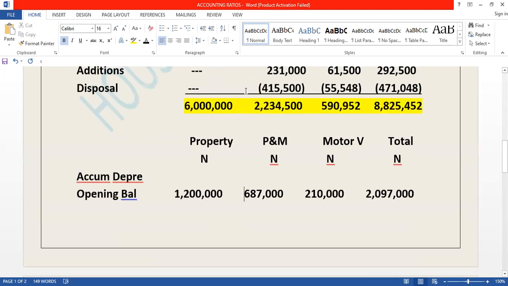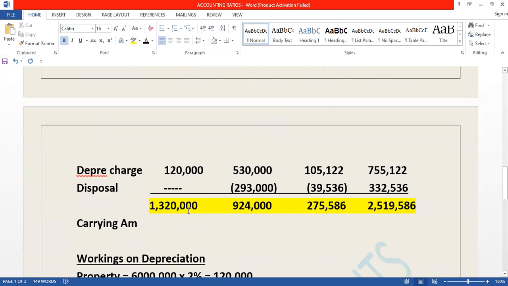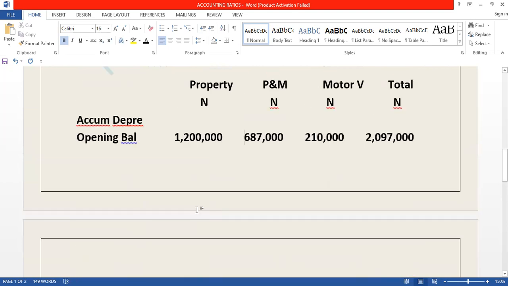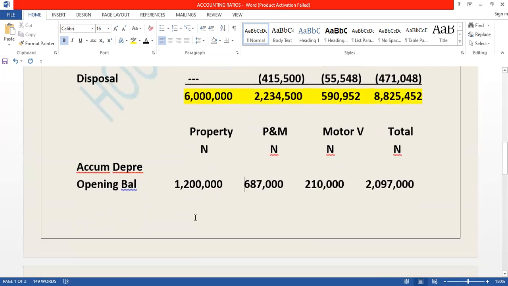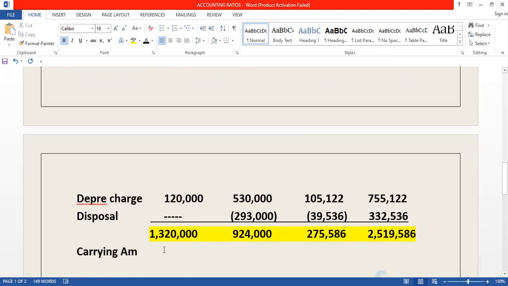Now let's just take it away. 6 million minus 1.32 million. What do you have? Whatever we get is the final. 4,680,000.